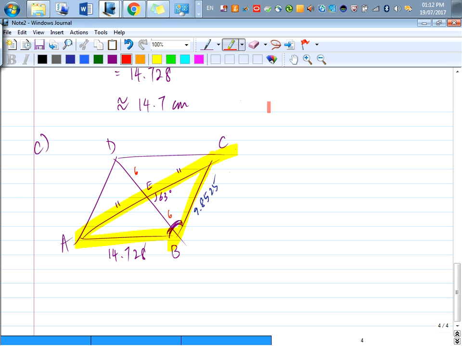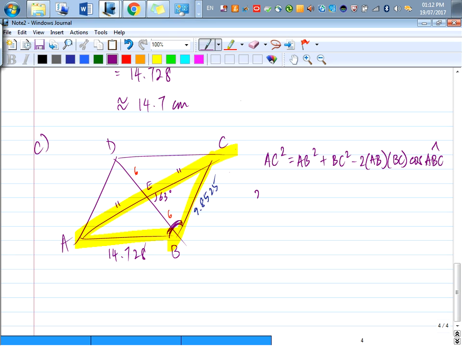Using my cosine rule, AC square equals AB square plus BC square minus 2 AB times BC cosine ABC. Substitute in all your numbers.